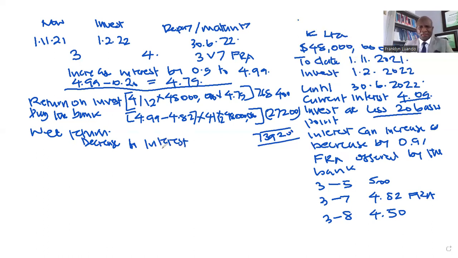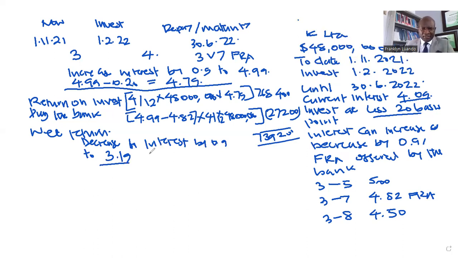Decrease in interest by 0.9. This will go to, we are going to subtract from 4.09. This will be 3.19.